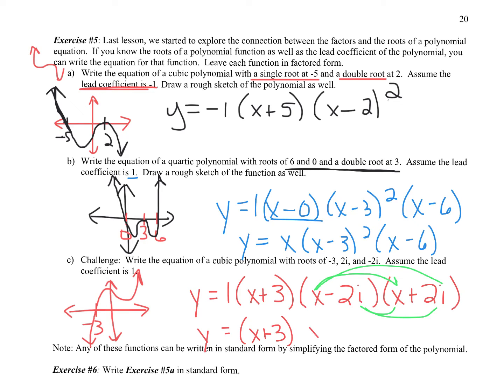So this becomes x squared plus 2xi minus 2xi, and then I have minus 4i squared. The middle parts cancel just like we expect, and this is a -1. So this is going to end up being x squared plus 4 for that factor.